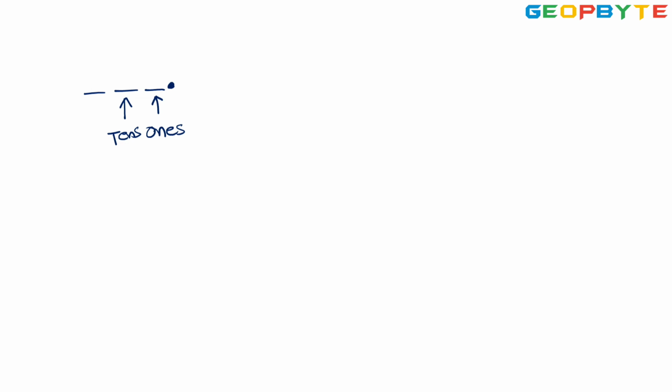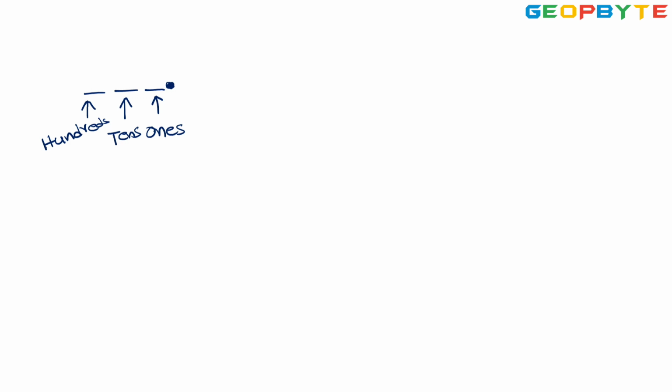And this position is the hundreds position. Hundreds position means, for the digits before this decimal point, the first position is called ones position, the second position is called tens position, the third position is called hundreds position, like that we'll be having.